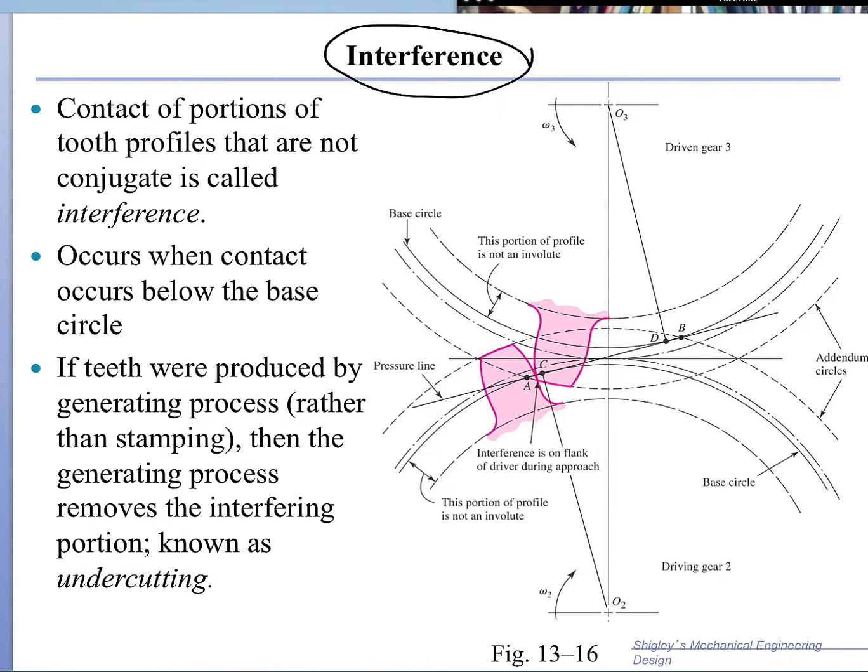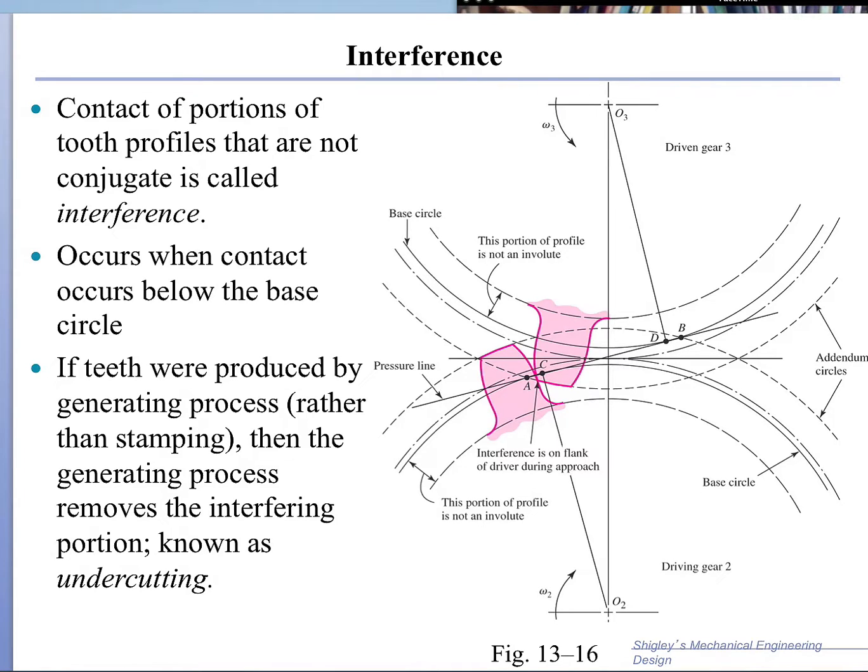Interference is when we have a driver gear like this one, and the tooth is made by the involute process, and a driven gear tooth such as that, and they have a contact point as in here. So if it turns out that we have perfect conjugate action, then the forces will be normal to the surfaces.